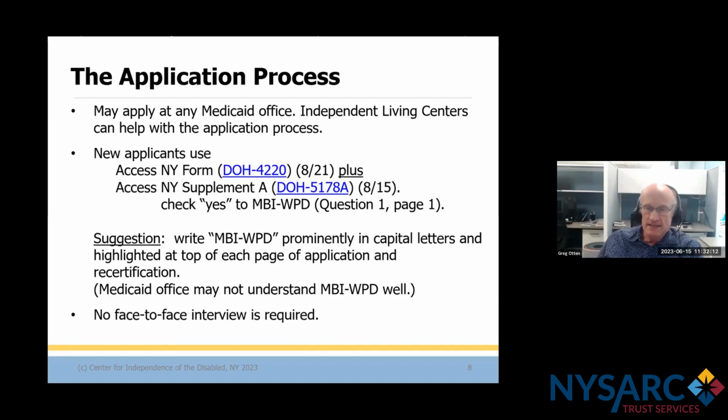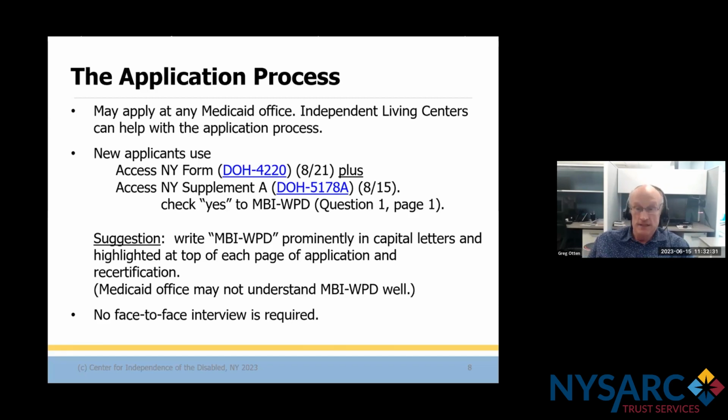So the same forms are used as for regular Medicaid through the Medicaid office. And that is the Access New York and Access New York Supplement A. Supplement A is the one that documents resources. There is a box for MBI-WPD on that. Check it. It's question 1, page 1.